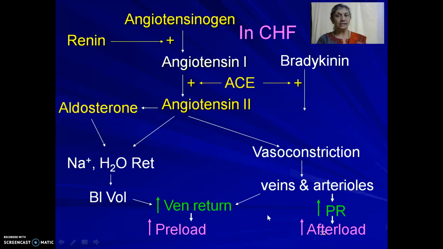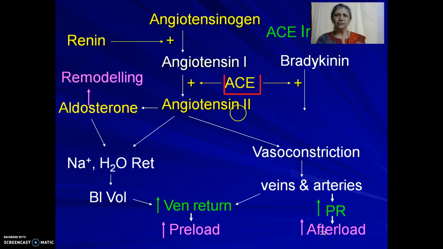So what will ACE inhibitors do? Yes, and another important thing is aldosterone and angiotensin 2 as well are responsible for remodeling, which is making things worse for this failing heart.